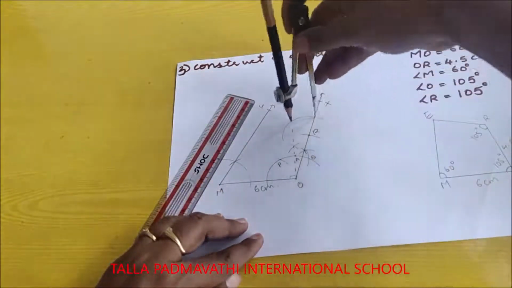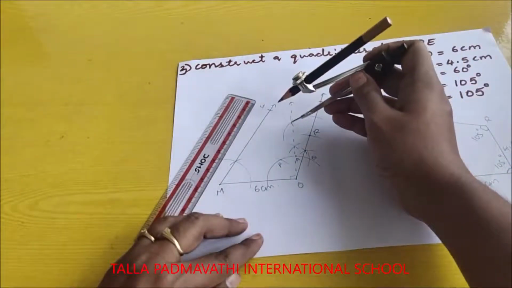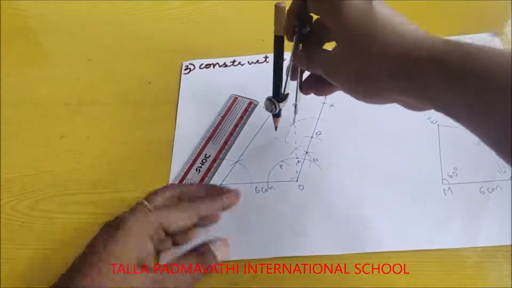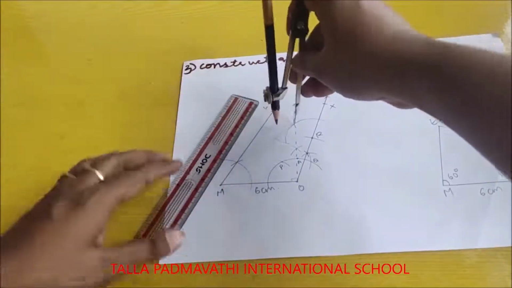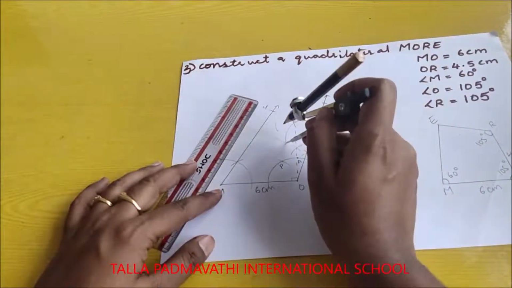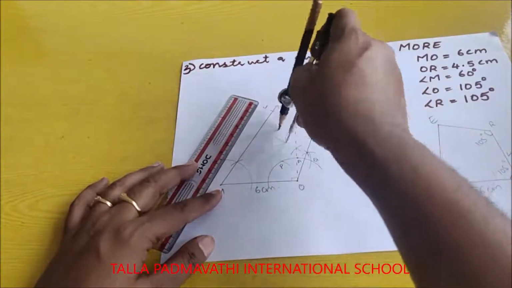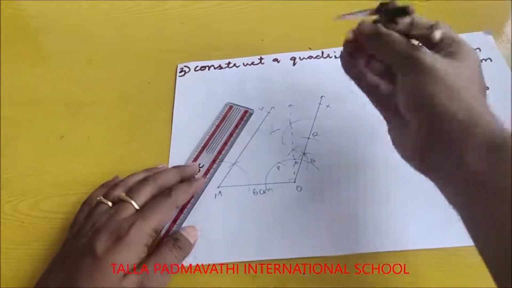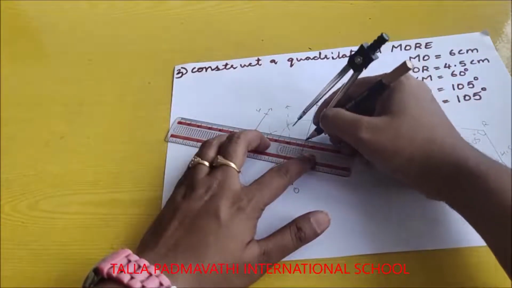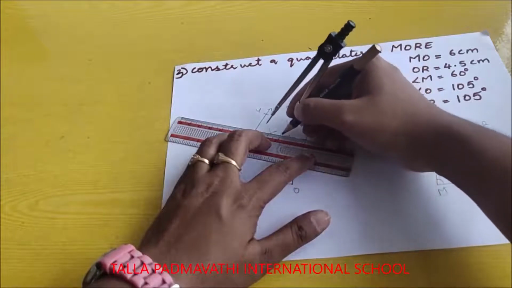With this point, it's 60. 120. And take more than half and first draw the 90 degrees, that is bisecting these two. Now this point will be 90. This angle will be 90 degrees.